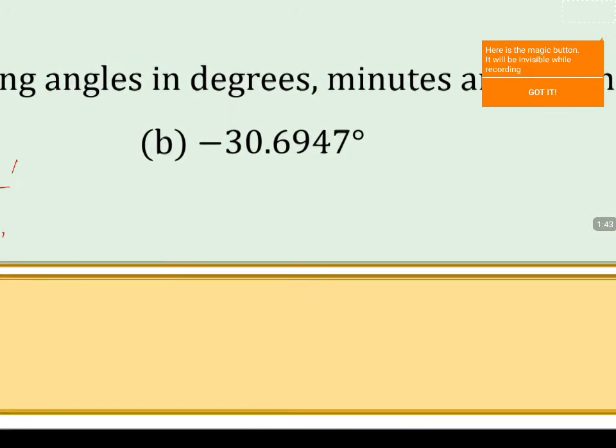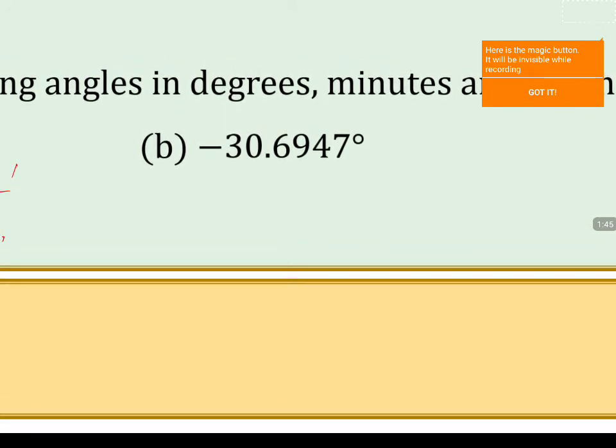Let us see the second problem also, second bit. Here, minus 30 degrees plus 0.6947 degrees. Take 0.6947 degrees, multiply with 60 minutes.